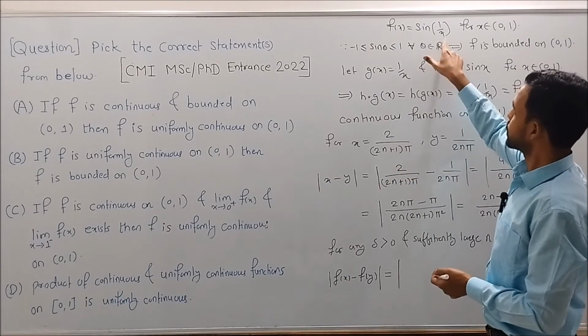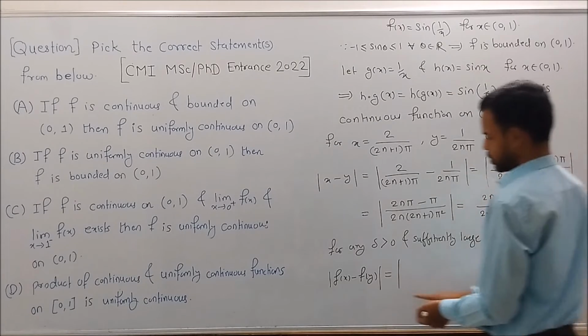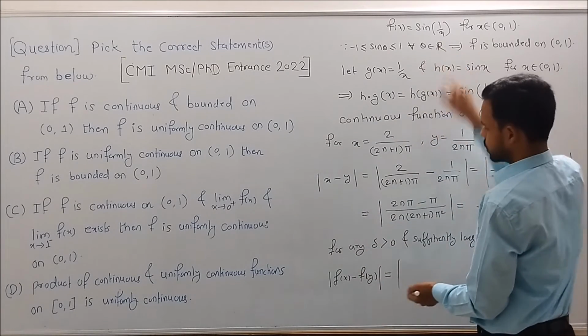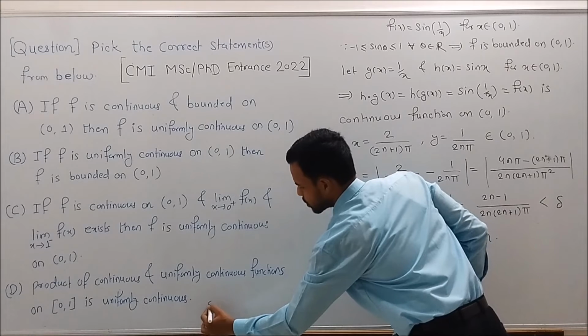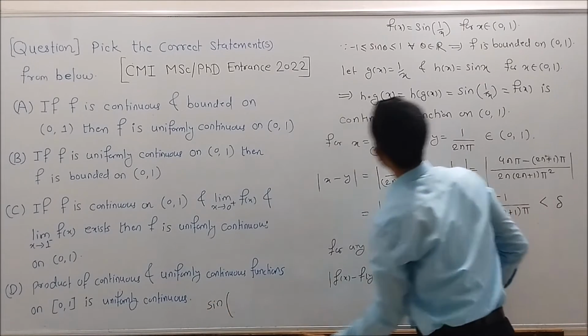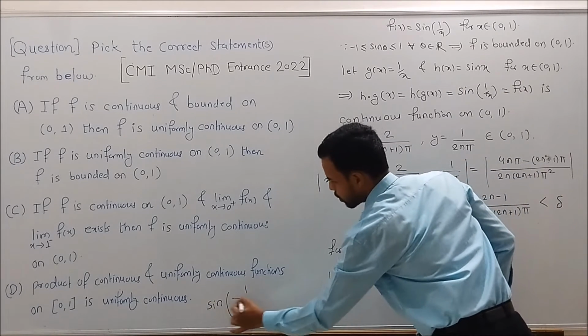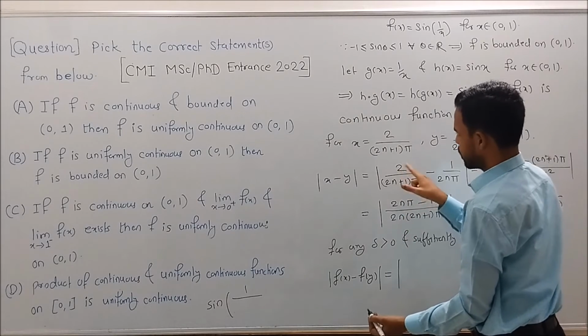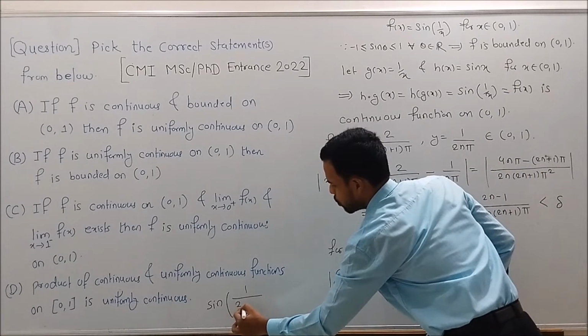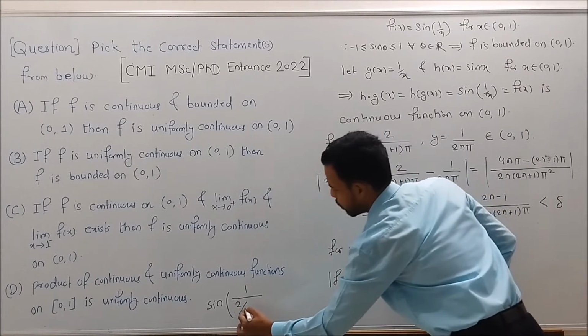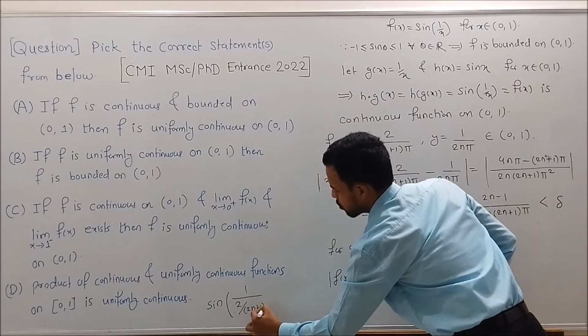Substitute this x here. We get sine of 1 upon this x, that is 2 upon (2n plus 1)π.